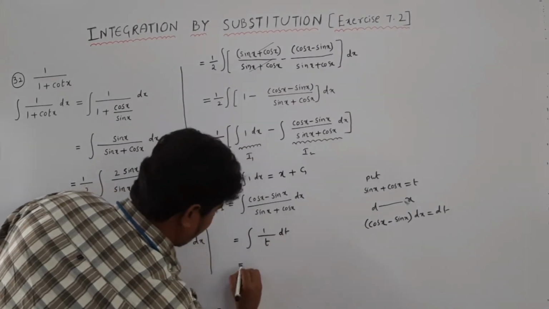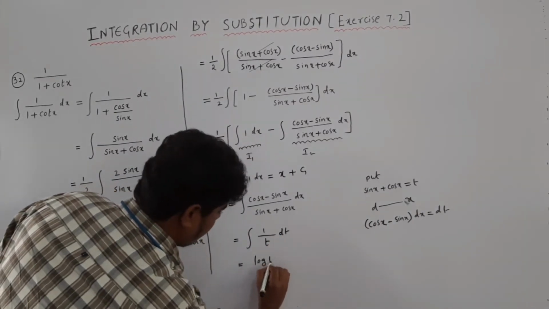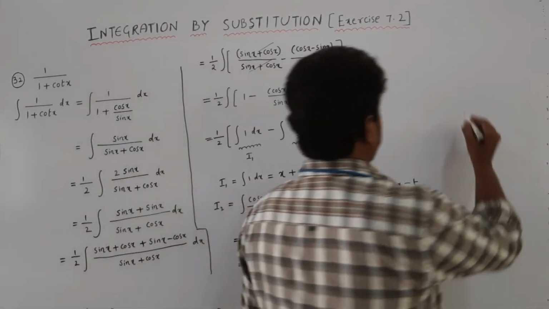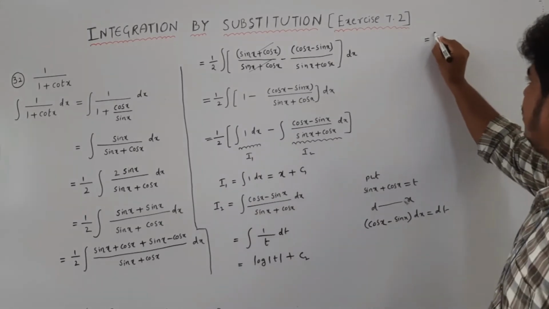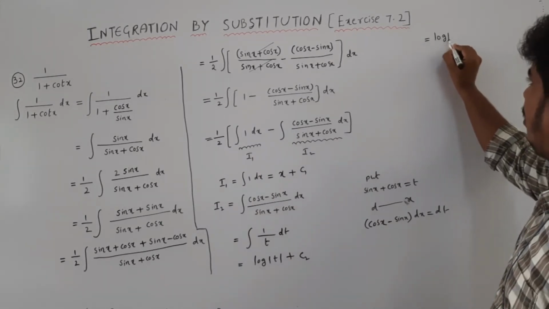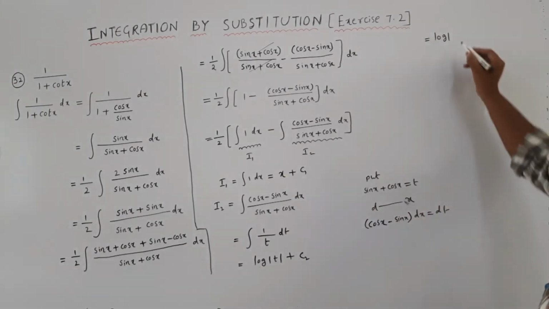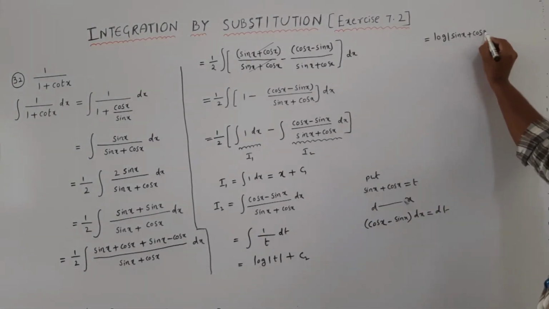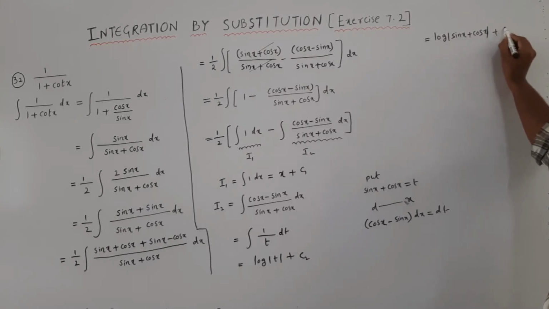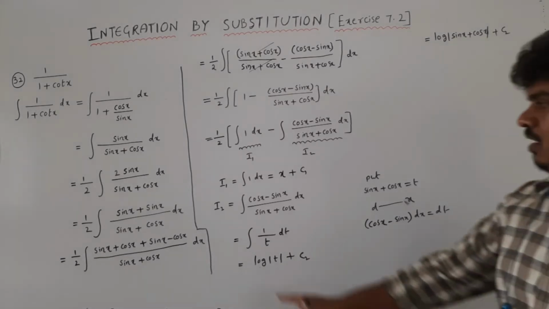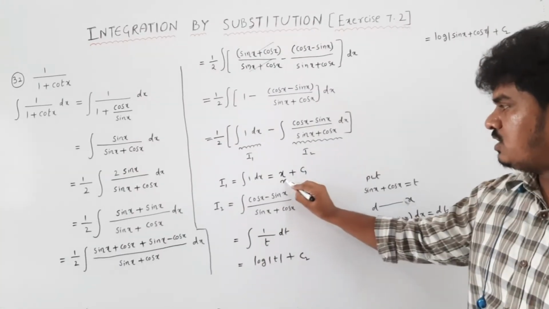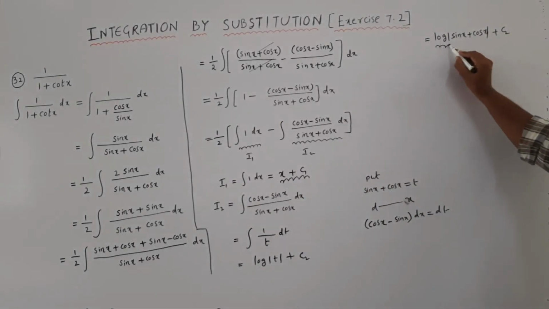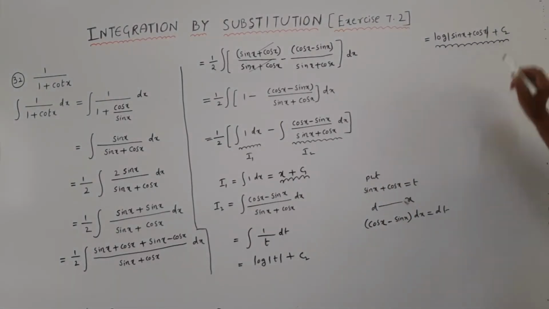So this is equal to log mod t plus some constant c2. Now log mod t means log mod of sin x plus cos x, plus c2. Here I1 is x plus c1, I2 is log of sin x plus cos x plus c2.